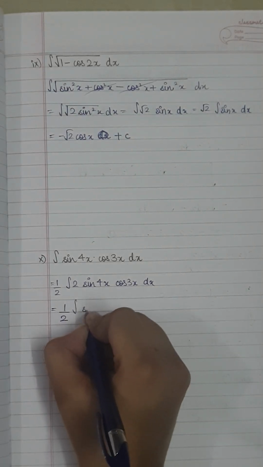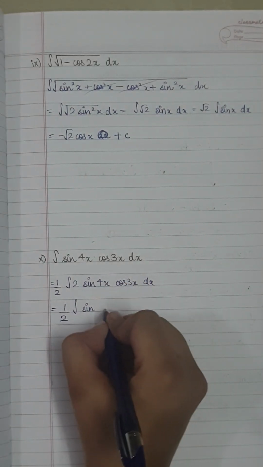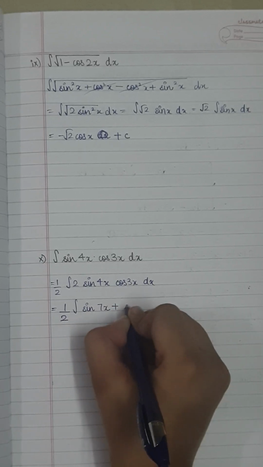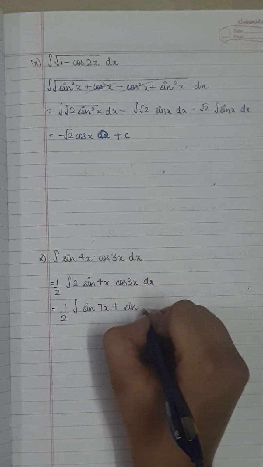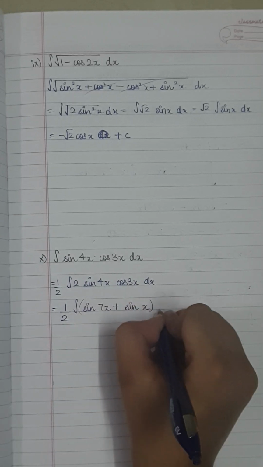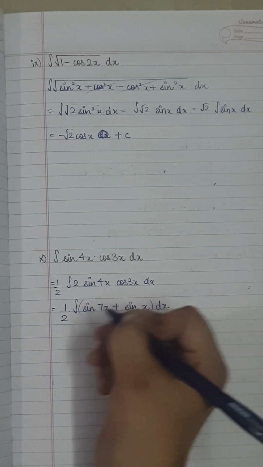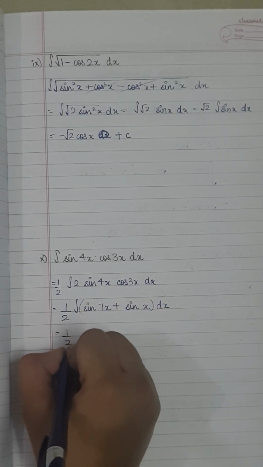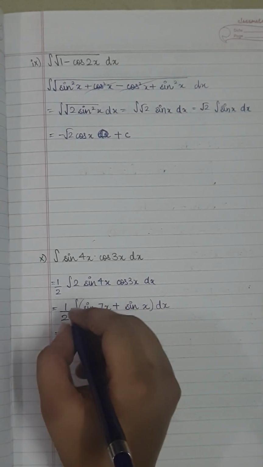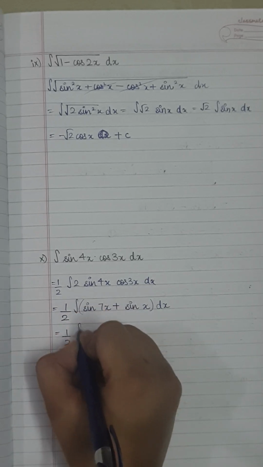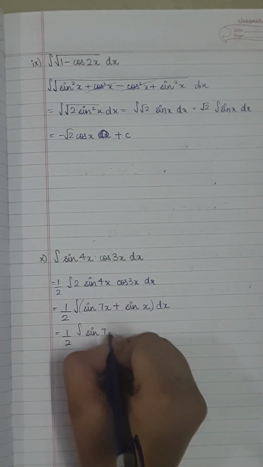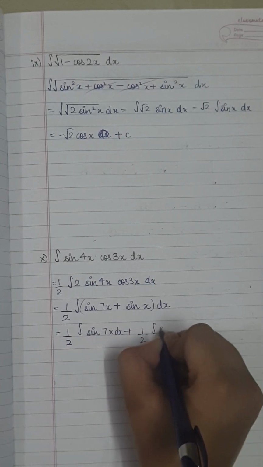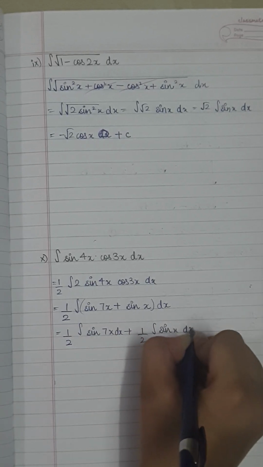integral of sine 4x plus 3x is 7x, plus sine 4x minus 3x is x, integral of dx. Now you have half integral sine 7x dx plus half integral of sine x dx.